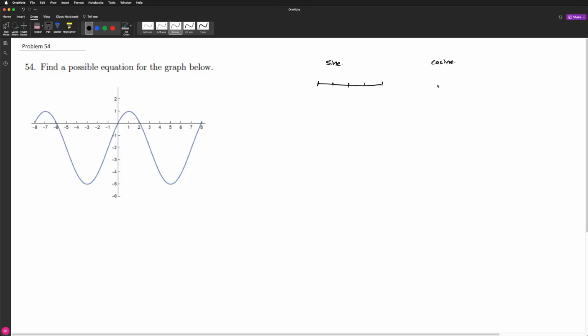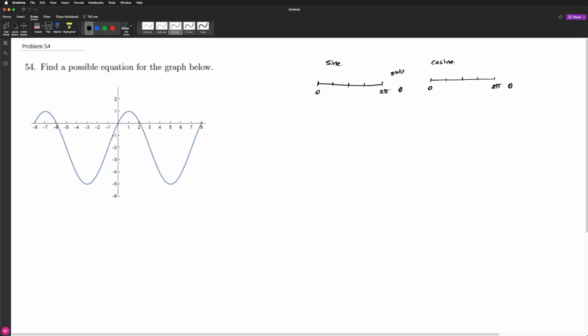Remember, one fundamental period worth of information is enough for the whole graph, and 5 points is enough for that one period. For both sine and cosine, the period starts at 0 and the period is 2 pi. Let's call angles theta.